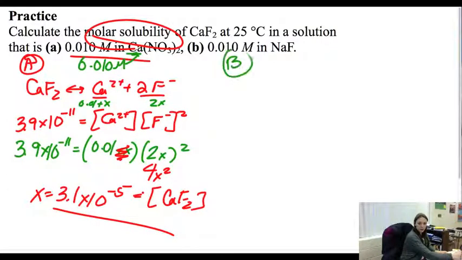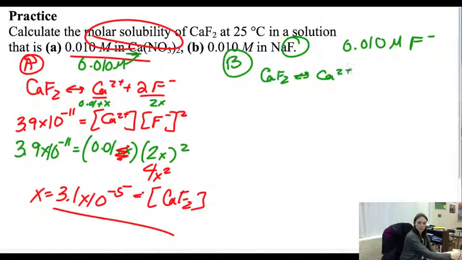Now for B, it's the same thing, although this time I have F minus that I care about. So I'm going to have 0.01 molar of my F minus. So I do the same thing. I'm going to have the CaF2, Ca2 plus 2F minus. But in this case, my F minus is the 0.01 that I originally have. I'm still shifting this way.